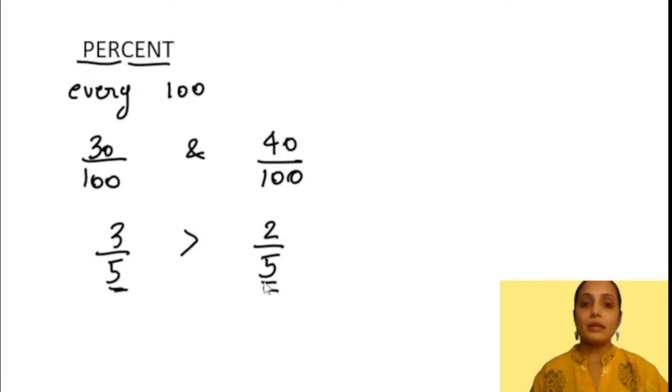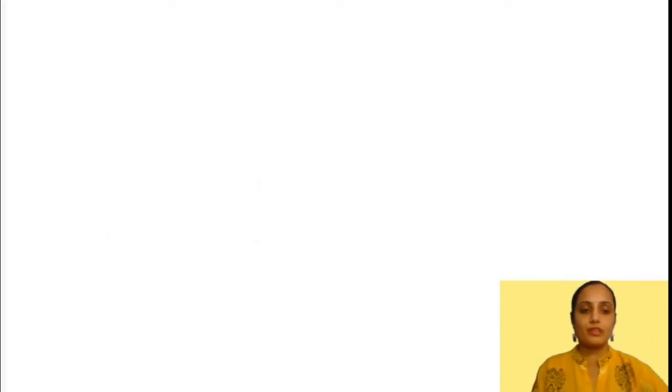So what we are aiming to do in this chapter is to get all the quantities down to the same denominator so that the comparison becomes easier. First, let's understand what percentage is in detail. Let's say I write a number out of the denominator 100.